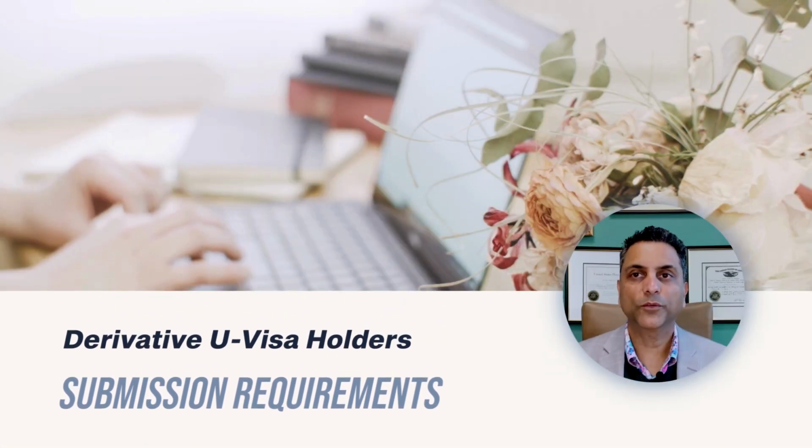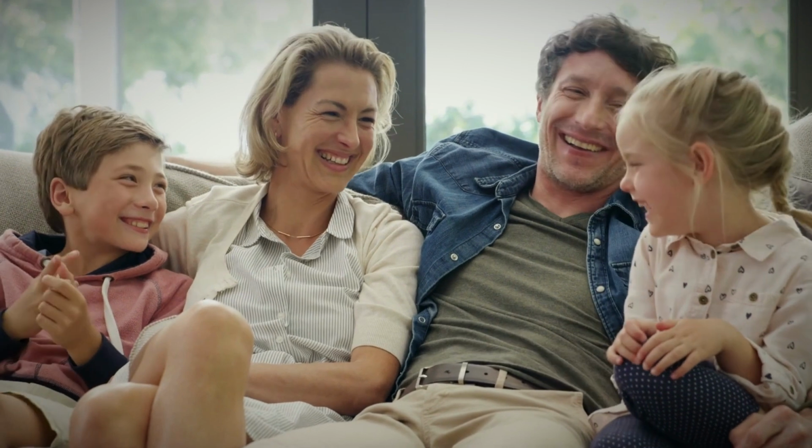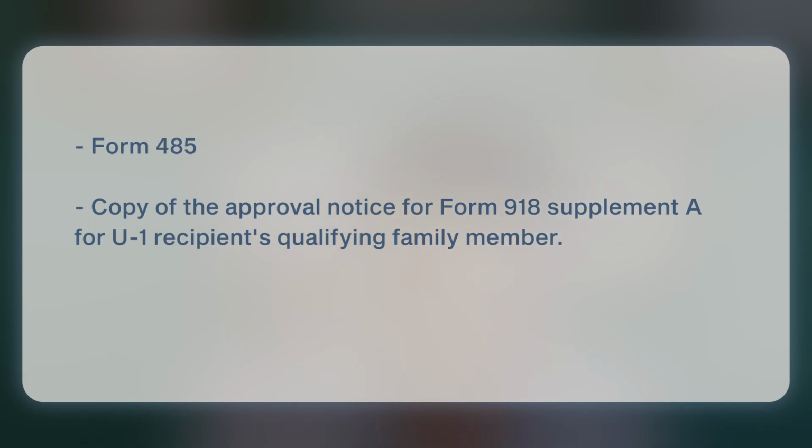Now you might be wondering, what are some of the things that you need to submit? If you're a derivative U non-immigrant family member, you should submit the following documents and evidence to apply to adjust status. Form 485, a copy of the approval notice for your Form I-918 Supplement A for the qualifying family member of a U1 recipient, and copies of all the pages of the passport.